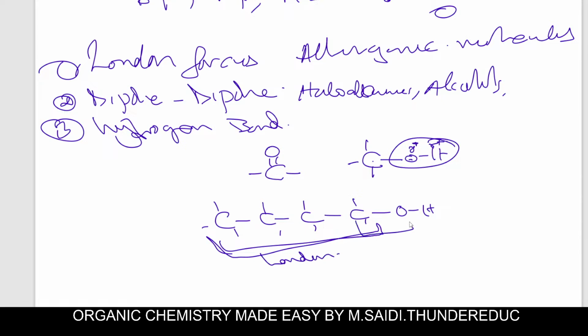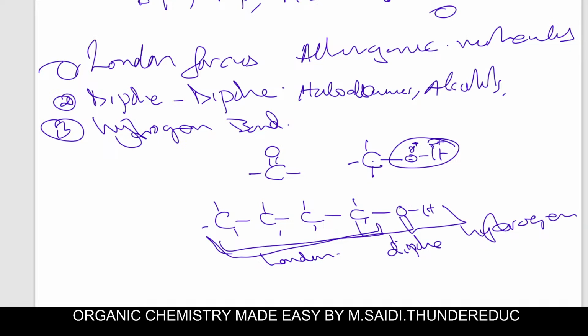But here and here, we're going to have dipole. And then here and this, we're going to have hydrogen bonds. That's why we say that all compounds which have hydrogen bonds, I'm not talking about inorganic like water, I'm talking about organic, they have the London force, the dipole force, and the hydrogen bonds.